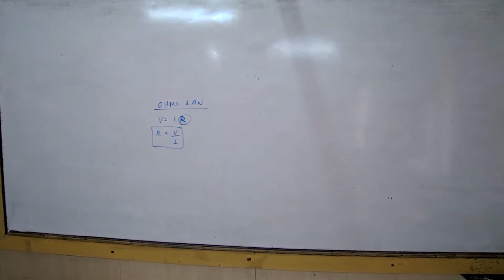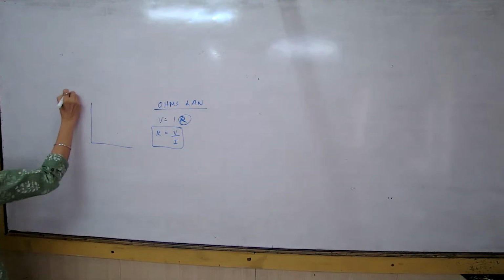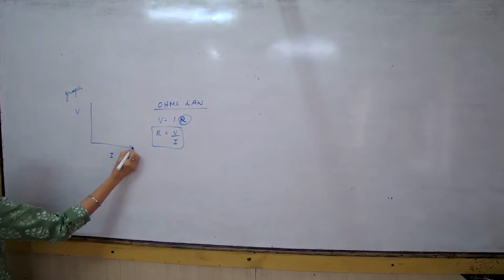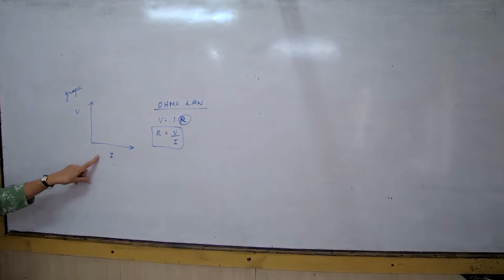Okay. So we have seen on page number 176, look at your textbook, page number 176. We have a graph of V versus I. This is a graph of V versus I. That means V is plotted on the y-axis and I is plotted on the x-axis.